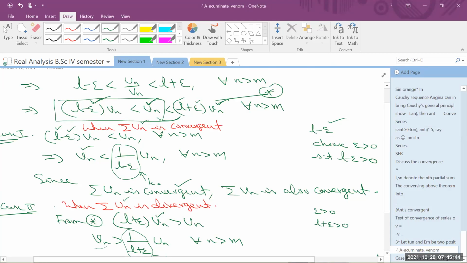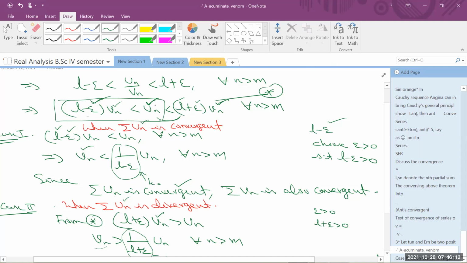you look at the, we need to compare between un and vn, because if series vn is divergent, then its SOPS, sequence of partial sum, will be unbounded. So let us compare using this relation, un is greater than, and call this L minus epsilon as some constant, or one can write directly, keep it L minus epsilon, because L is a real number, epsilon is a real number, and choose epsilon such that L minus epsilon is going to be greater than 0, because it is holding for every epsilon.